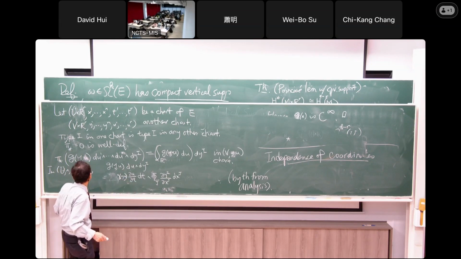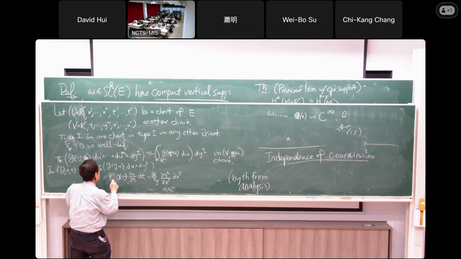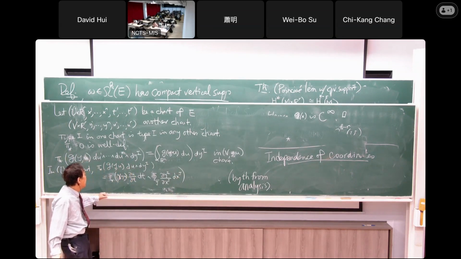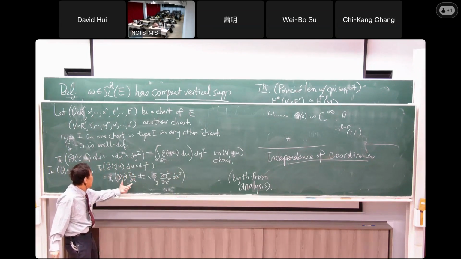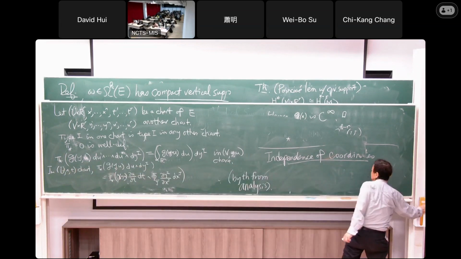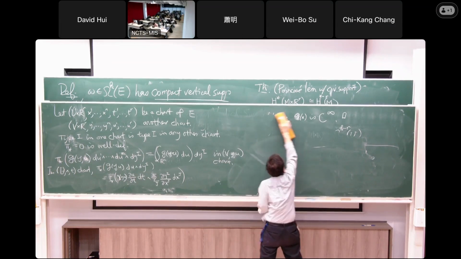And so when you take pi lower star, you integrate this.